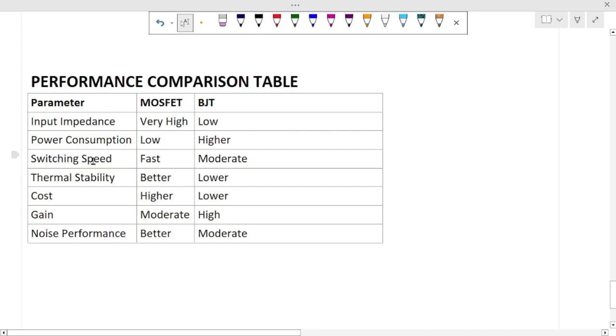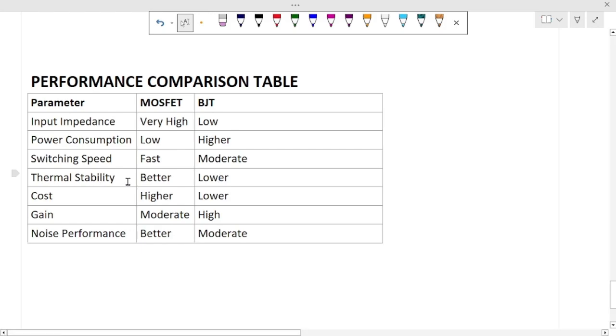And MOSFET has an advantage of what? Switching speed. MOSFET is fast. And then BJT is what? Moderate. Now note that since the power consumption is low, of course for thermal stability, which is heat and things that have to do with temperature, it is better. But for BJT, it's lower. It gets hot. It has issues with temperature and heat.